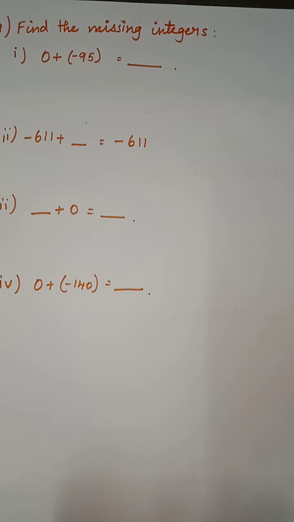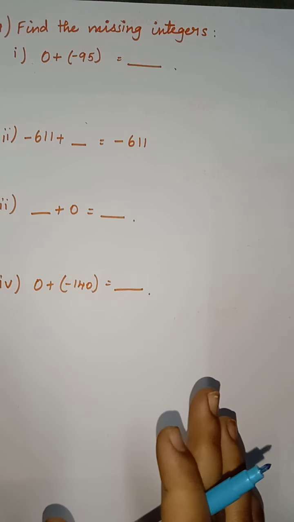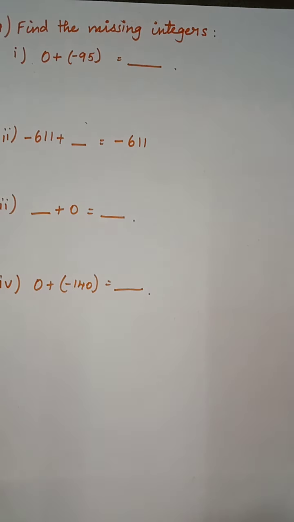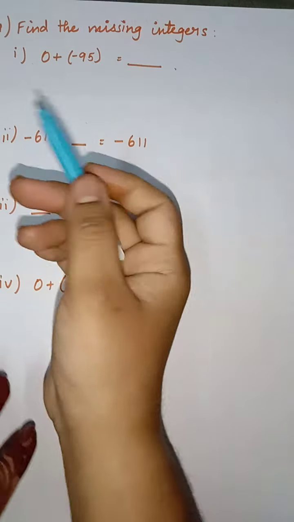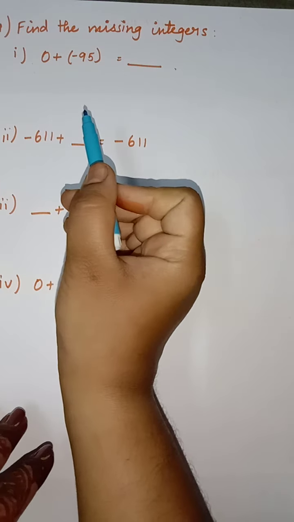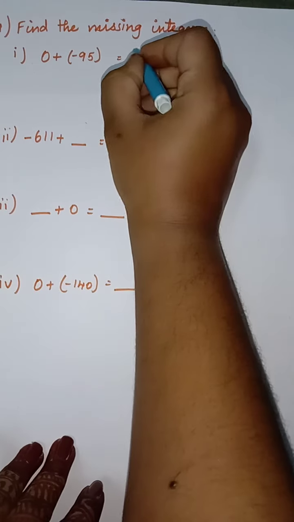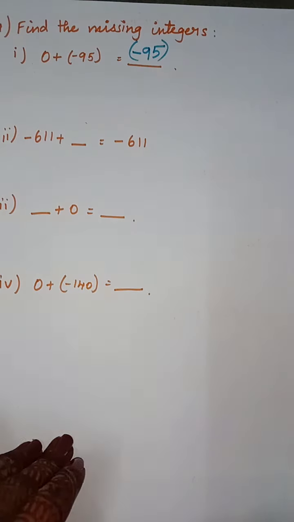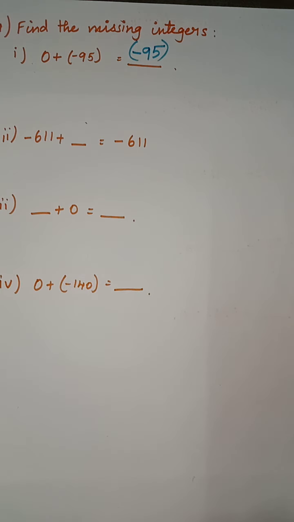So the same thing I am going to apply here, that is 0 plus minus 95. So what they are adding here is minus 95. So our answer will be minus 95. Clear? If you add anything with 0 you will get the same number.